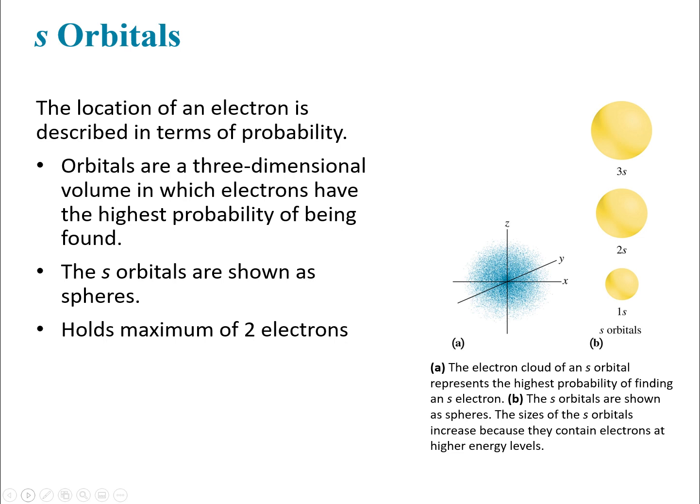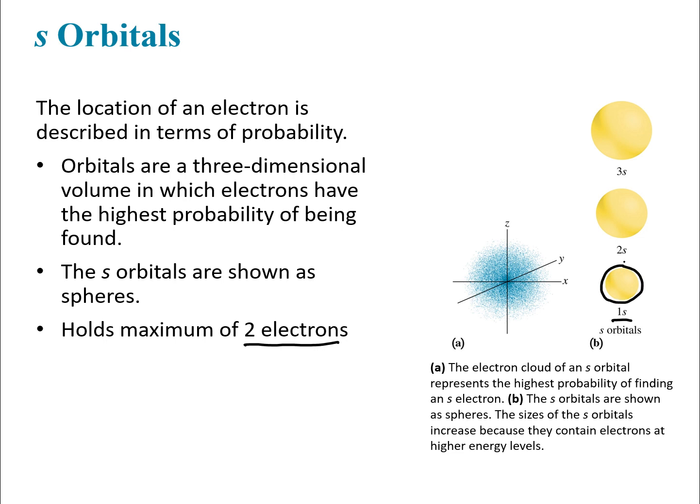For the s orbital, that shape is a sphere, and it can hold a maximum of 2 electrons. As the energy level gets bigger, the size of the volume in which you may find that electron gets bigger. So 1s, this is our volume here.